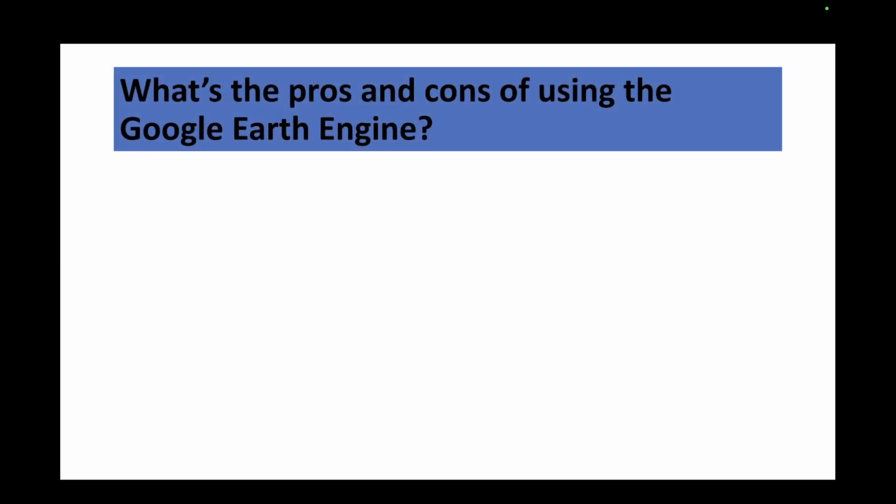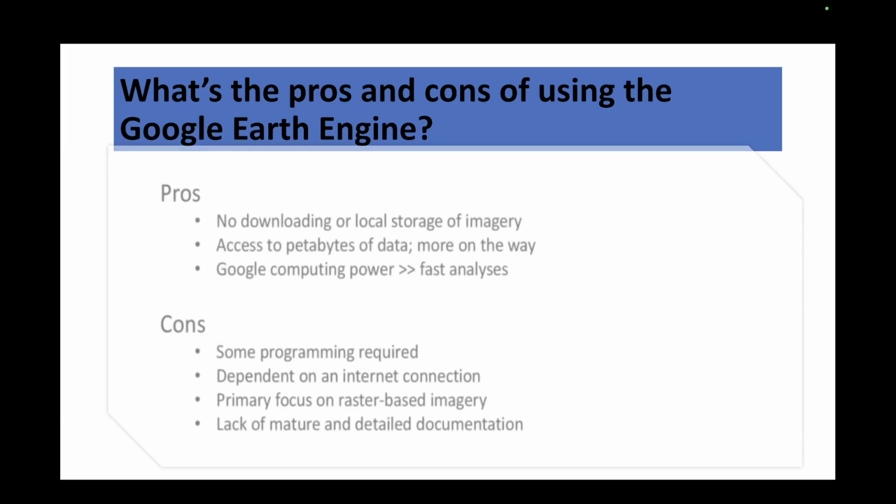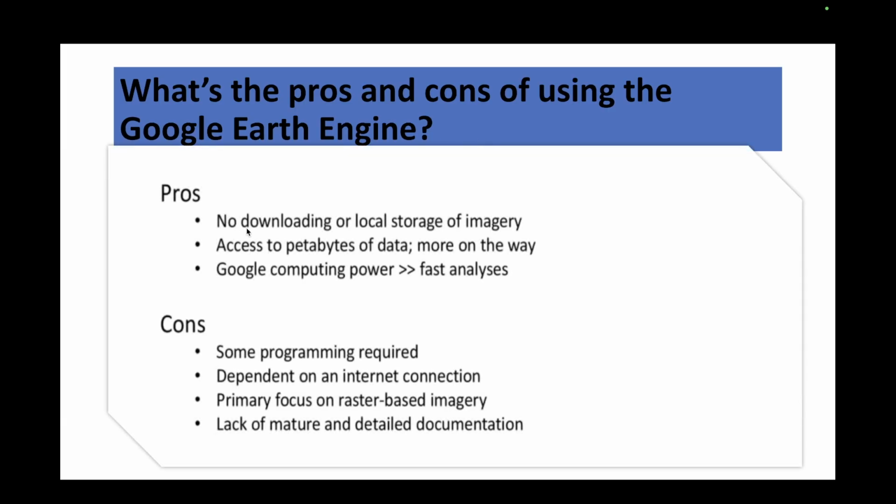There are a lot of advantages to using the Google Earth Engine. First of all, you don't need to download any imagery. If you are using ArcMap or QGIS software, first of all we need to download the satellite imagery from Earth Explorer, the USGS website, or different sources.